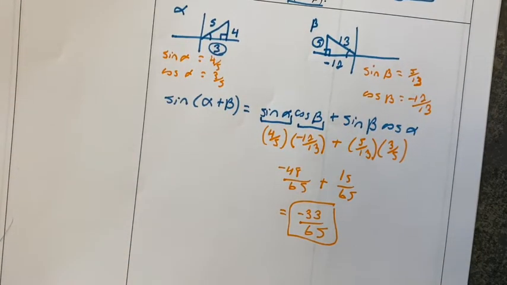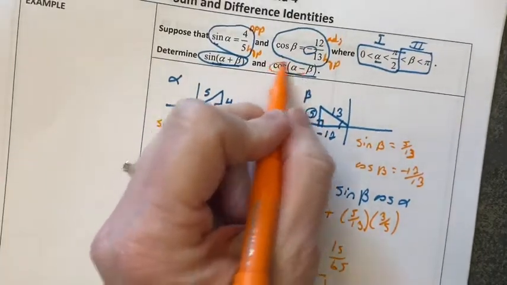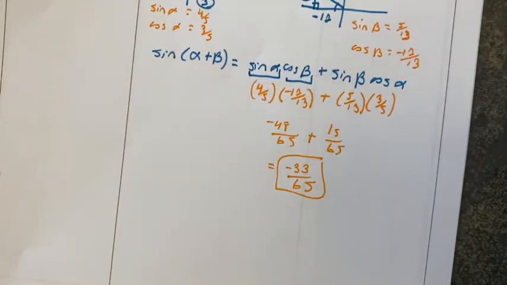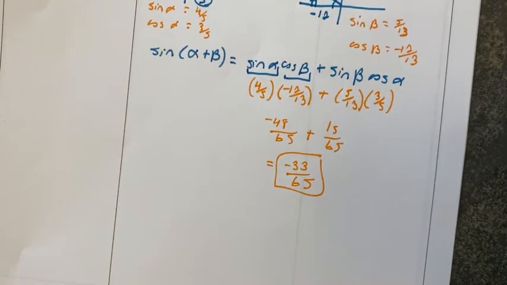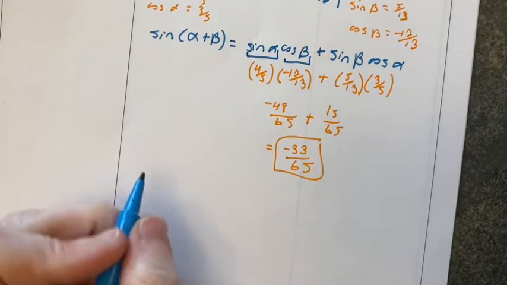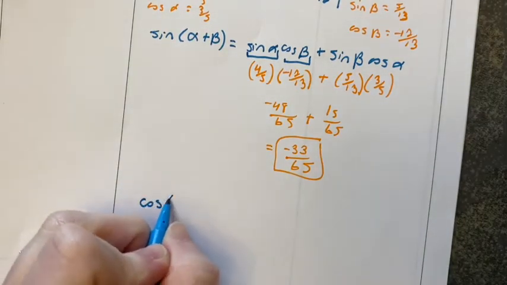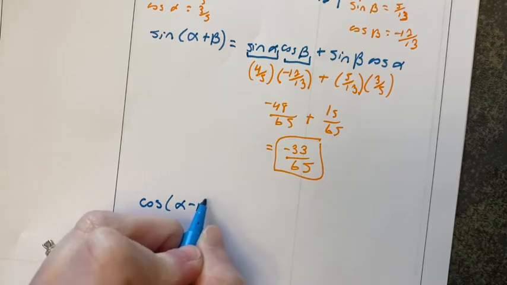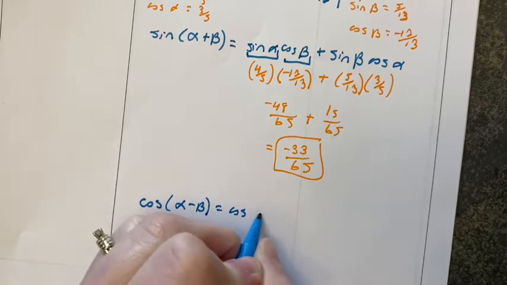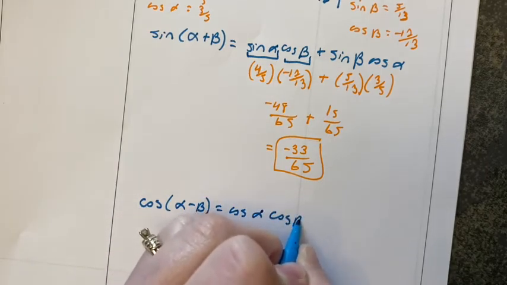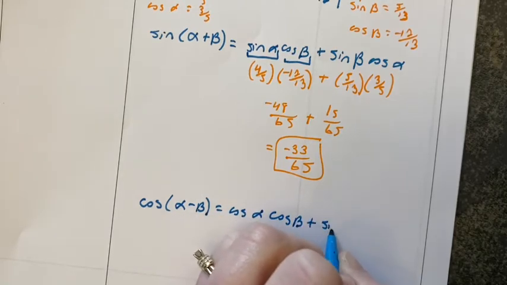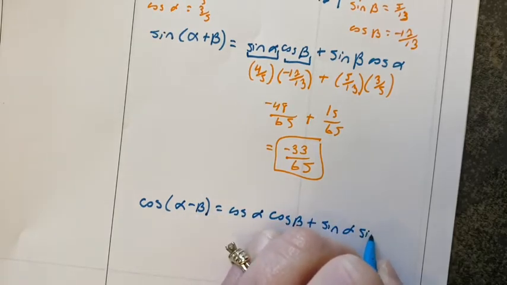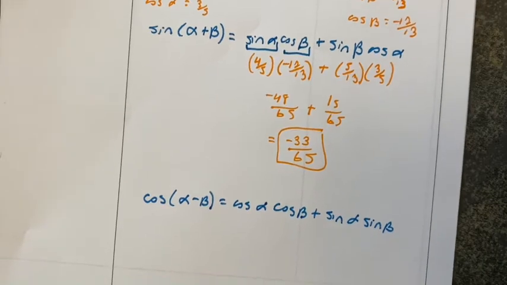So I'm going to do the same thing. I'm just going to focus on the cosine. My first step is just to copy down the formula. Like that. And I'm just gonna fill in what I have.